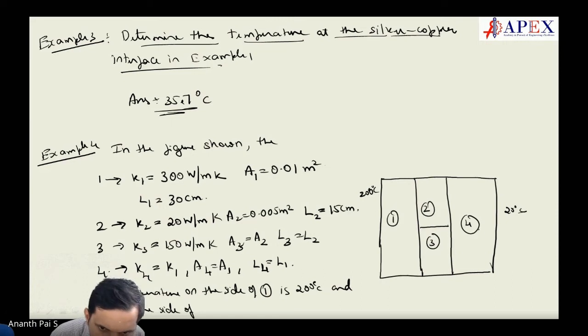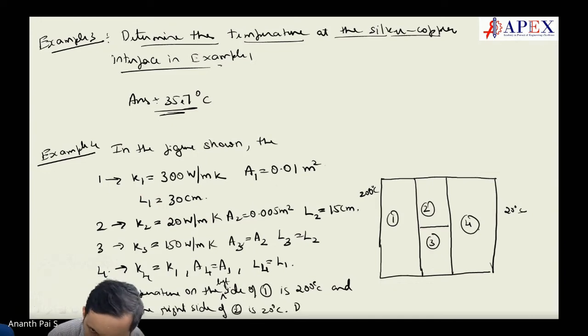On which side? On the left side of 1 it is 200 degrees centigrade, and on the right side it is 20 degrees centigrade.